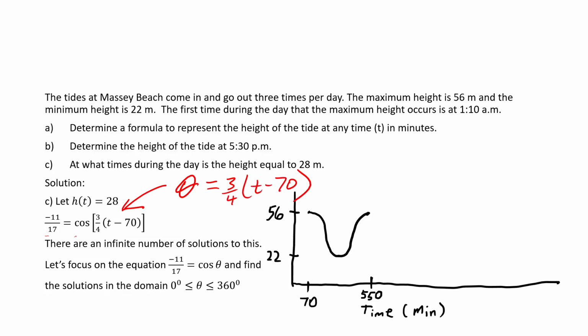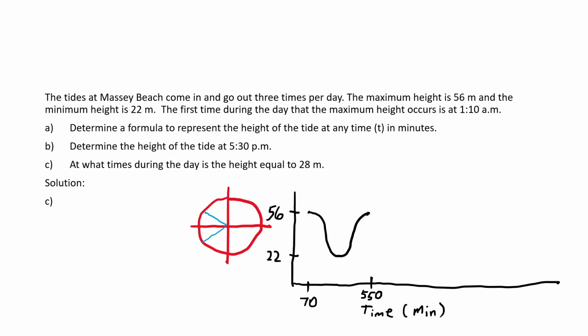And then just say that negative 11 over 17 equals cos theta. Now let's find the solutions to negative 11 over 17 equals cos theta in the domain 0 to 360 and go from there. Letting cos be negative 11 over 17 means we're going to have a couple of terminal arms out here.